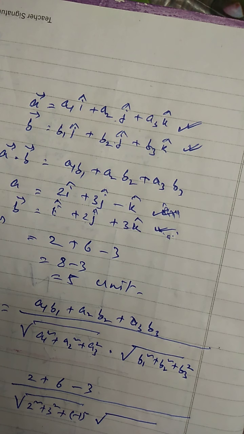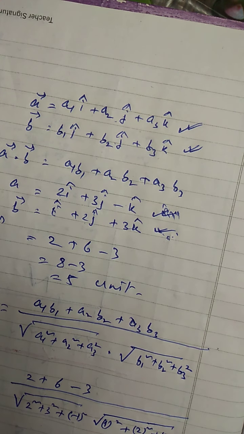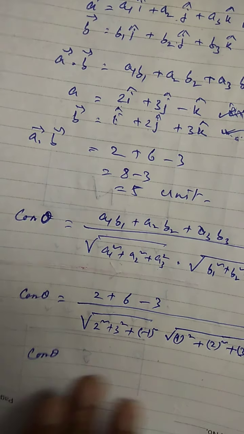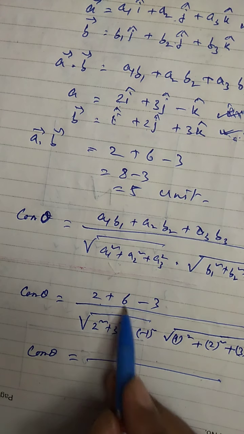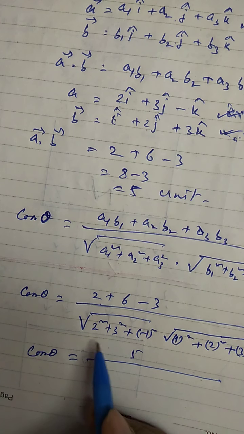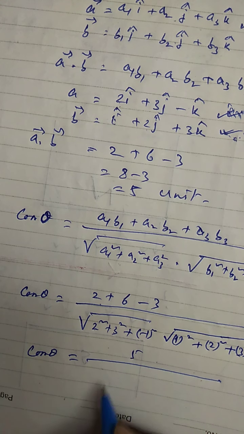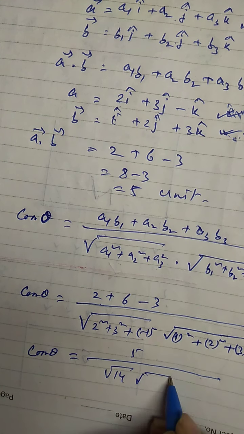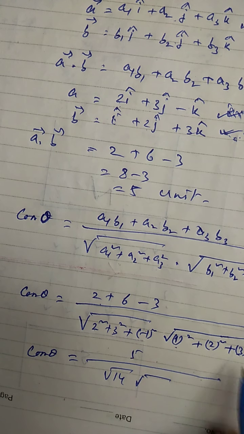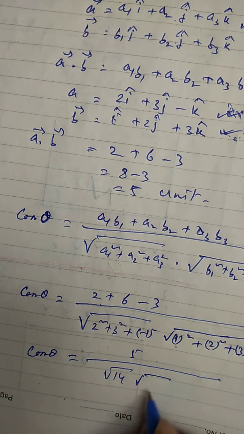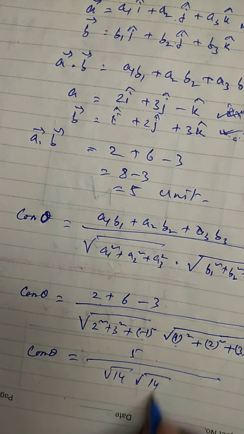Similarly here also. So we get cos theta is equal to 8 minus 3, that is 5, divided by under root 4 plus 9 is 13, plus 1 is 14, into under root 1 plus 4 is 5, plus 9 is 14. So it is going to be again 14.